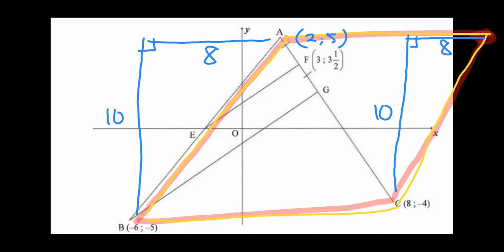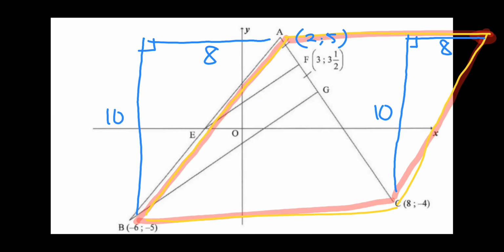Remember, up and down movement is the y coordinate. Left and right movement will be the x coordinate. Okay, so let's add 10 to the y coordinate because it goes up, and let's also add 8 to the x coordinate because it goes 8 units to the right.